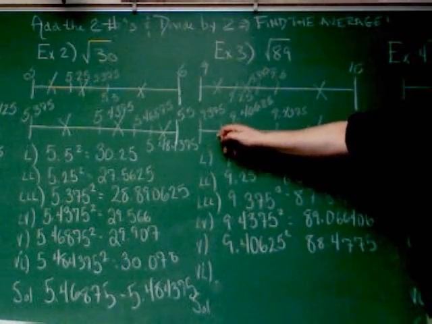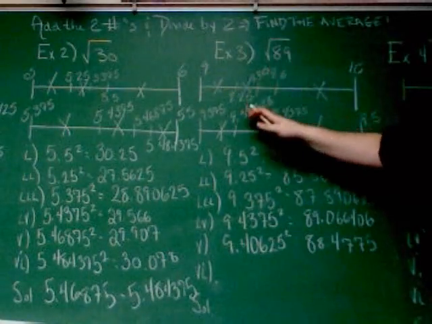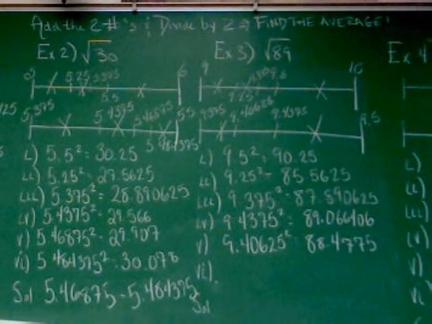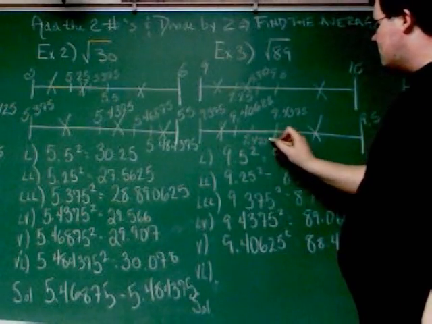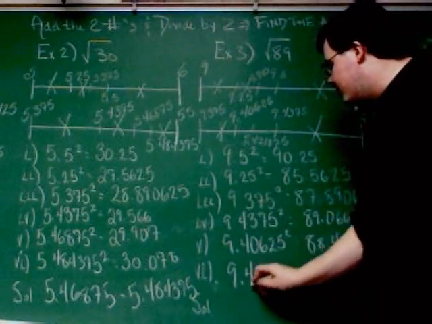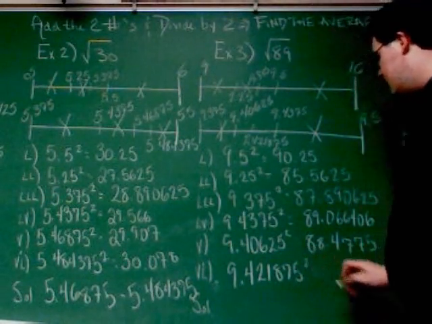So I'm going to cross out everything smaller. All right, so last range between the 9.40625 and the 9.4375. Pull to the middle and rewrite. 9.421875.